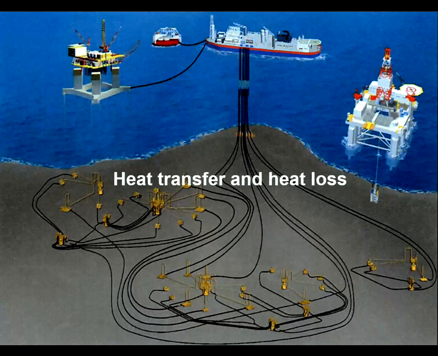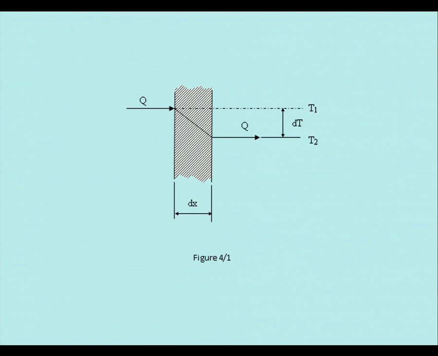So heat transfer, again, I would suggest you go through it. Thermal insulation on pipes. How long have we got? Oh, we've got a bit of time. I'll go through it a bit more slowly. Heat flow through a piece of material is based on Fourier analysis, and it says that heat flow through the material will stay constant through that material, but there will be a corresponding temperature drop.